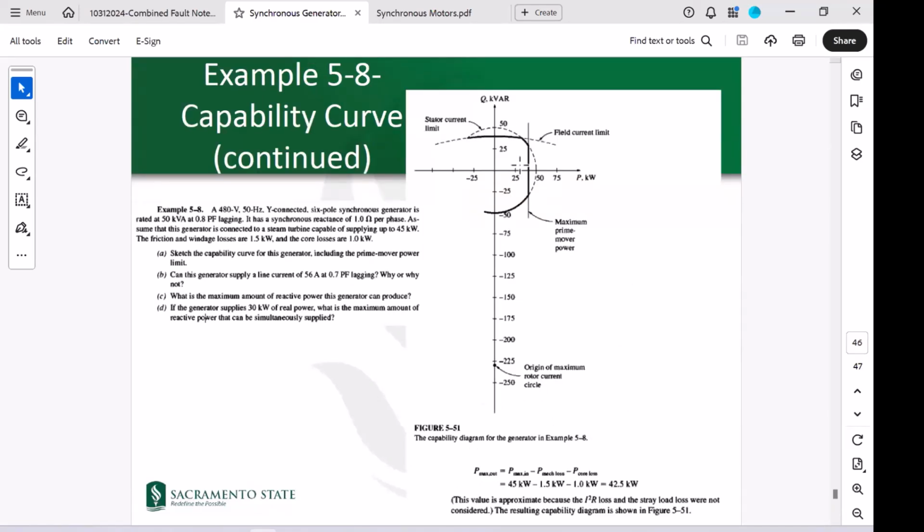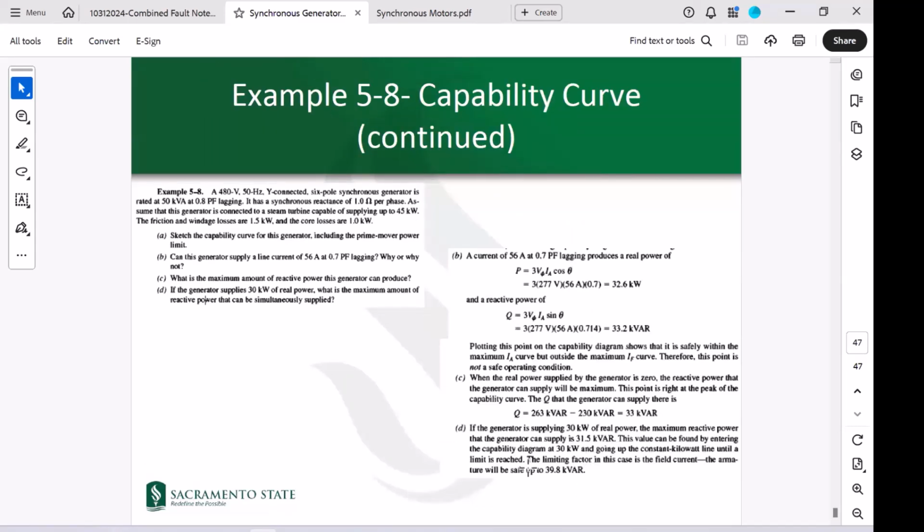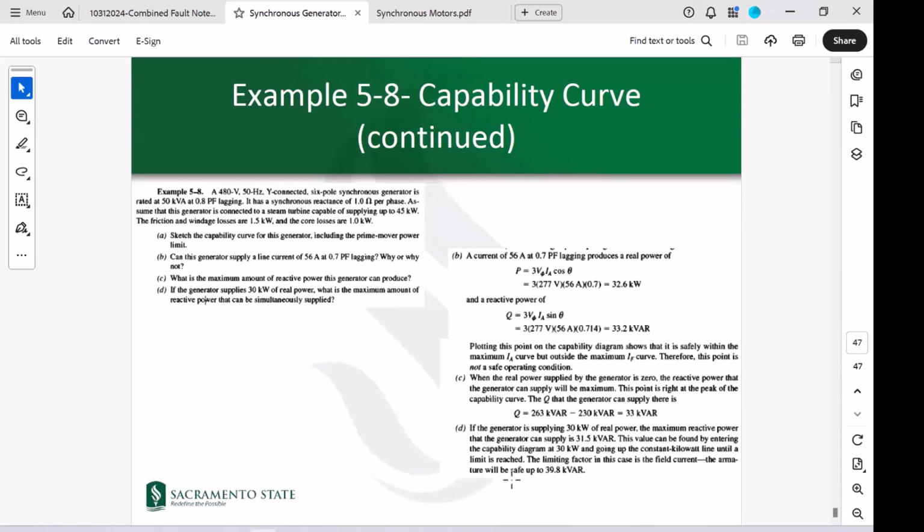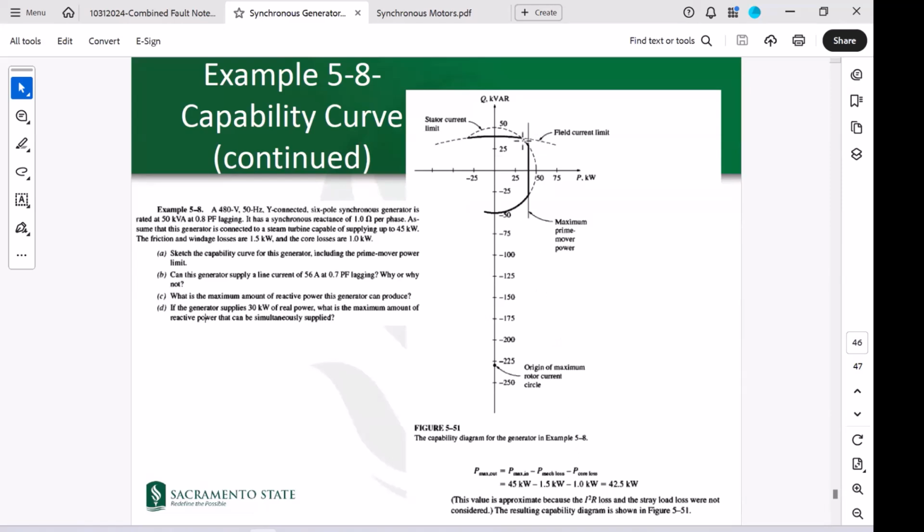So you have to go up from 30 all the way up to see the reactive power. Now the limiting factor in this case is the field current. The armature will be safe up to 39.8 kilovars. So this is the field current and this is the armature.